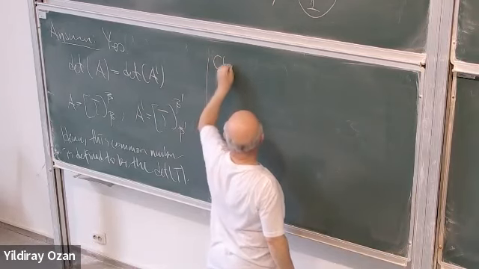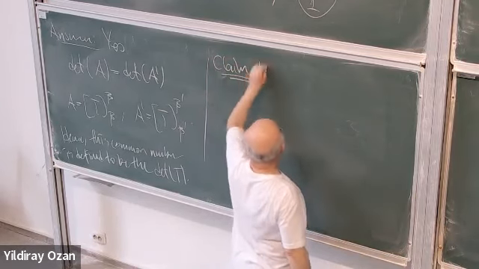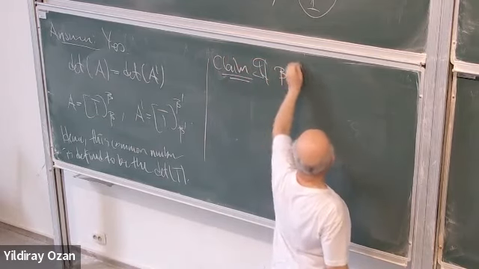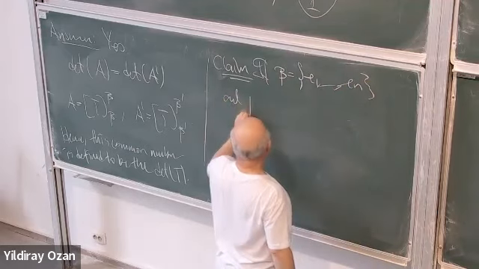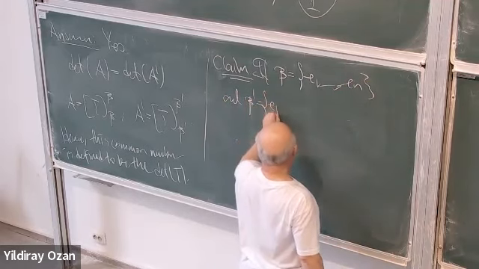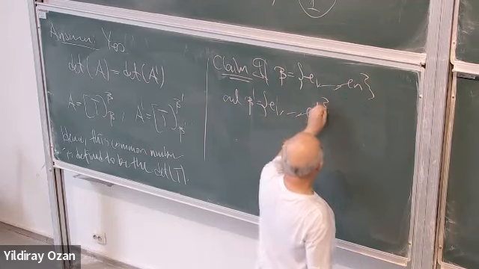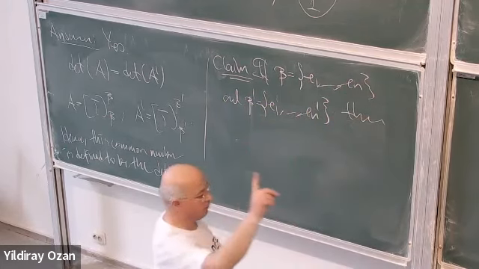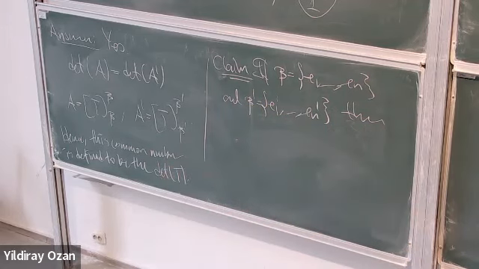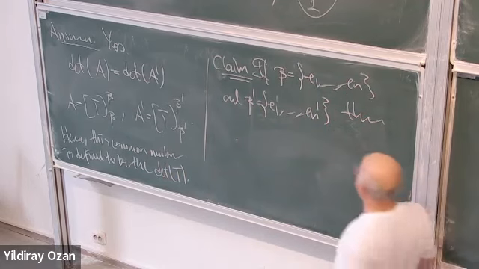So the claim is this: if beta is e1 to en and beta prime is e1 prime to en prime, then şimdi bakın bu sayı nedir? Bu sayı şunu sağlıyor. Bu çarpım bunun bir katı. Kaç katı olduğunu söylüyor, değil mi? O zaman şunu yapmam yeterli olacak.